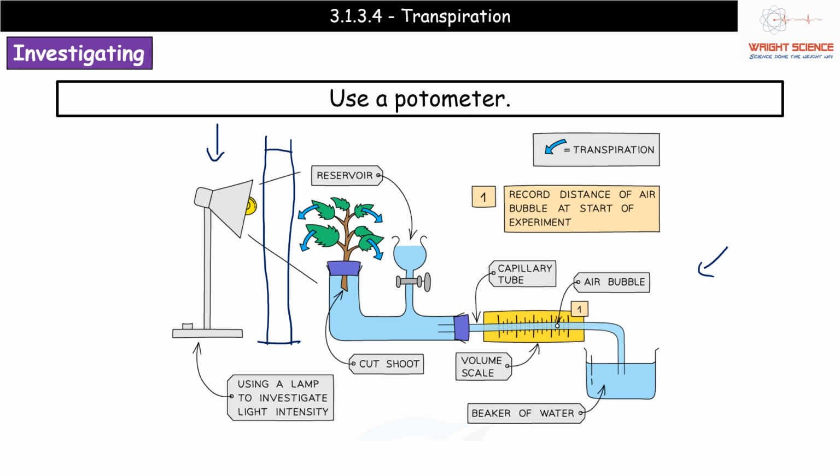We'd fill it with water and place it between the actual lamp and our plant. And this basically acts as a heat sink. So that's going to absorb any of the heat that's going to be crossing towards our plant. It won't get to the plant, so that won't change in temperature in any way, shape or form. But obviously we will just be changing the light intensity.